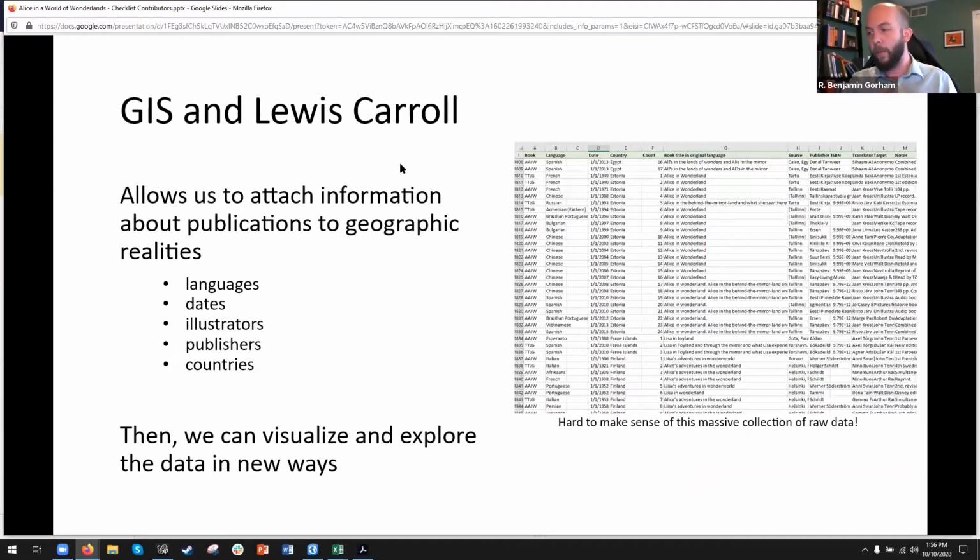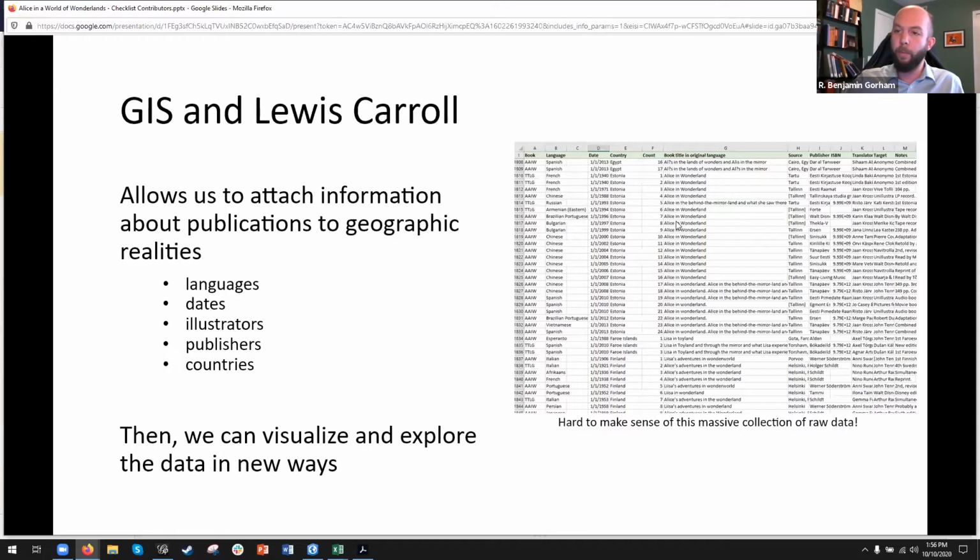And GIS helps us delineate it in new and visual ways and make sense of that data in interesting fashions. So with GIS, we can attach information about these books to their geographic realities. We can examine patterns in their languages, in the dates of their publication, which illustrators were working on them, which publishing houses, and which countries they become present in. And then we can start to visualize and explore these in new ways.